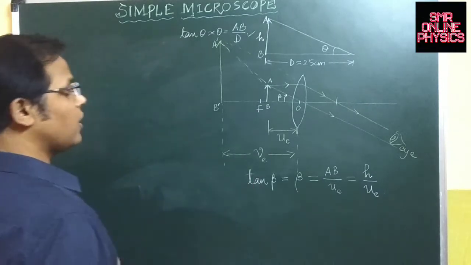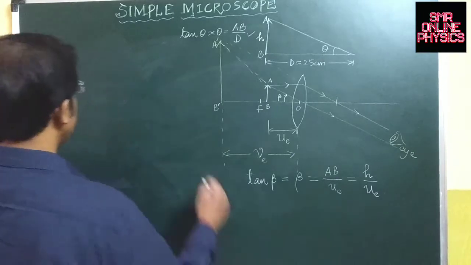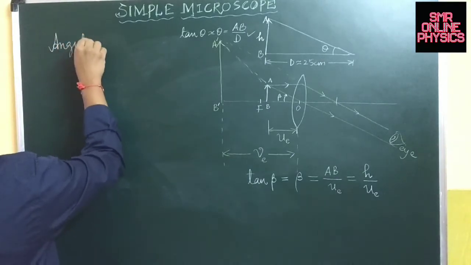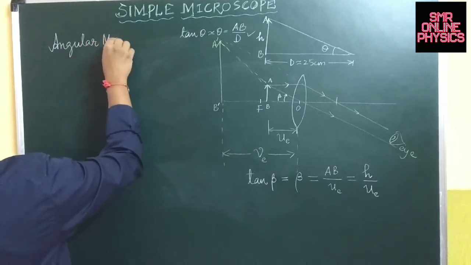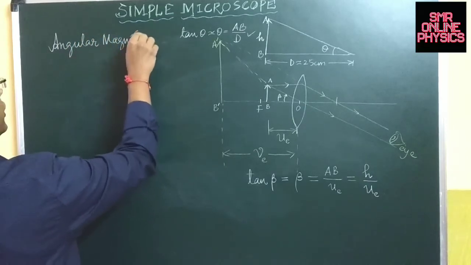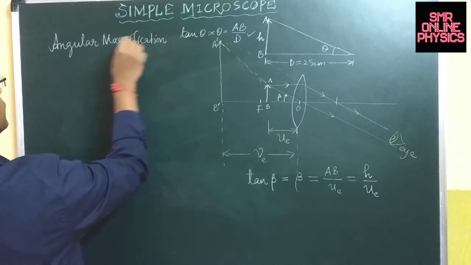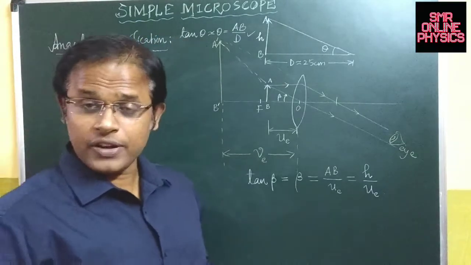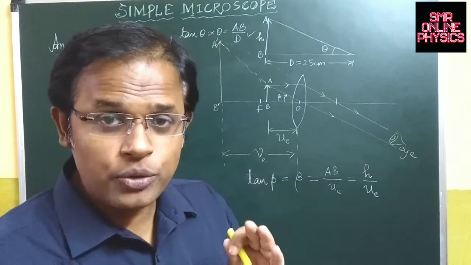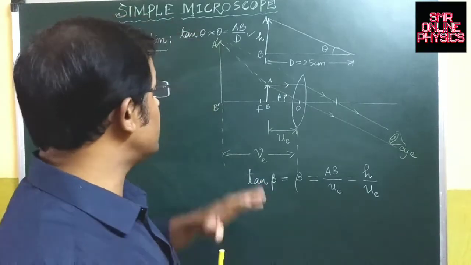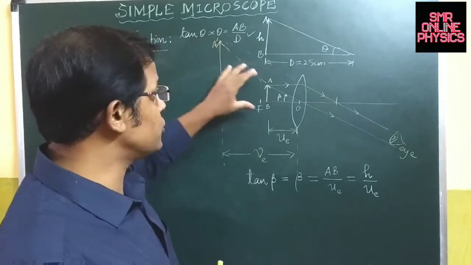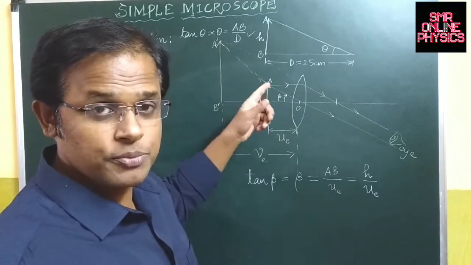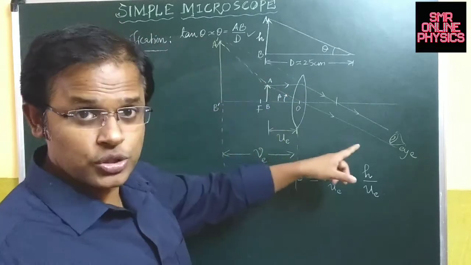Now let's move on to calculate a new term. That new term is called angular magnification. You already know what lateral magnification, m, is. But you may not know what angular magnification is. Lateral magnification, let me remind you, is the ratio of the height of the image to the height of the object. But now we are talking about the magnification produced by this lens onto the eye.